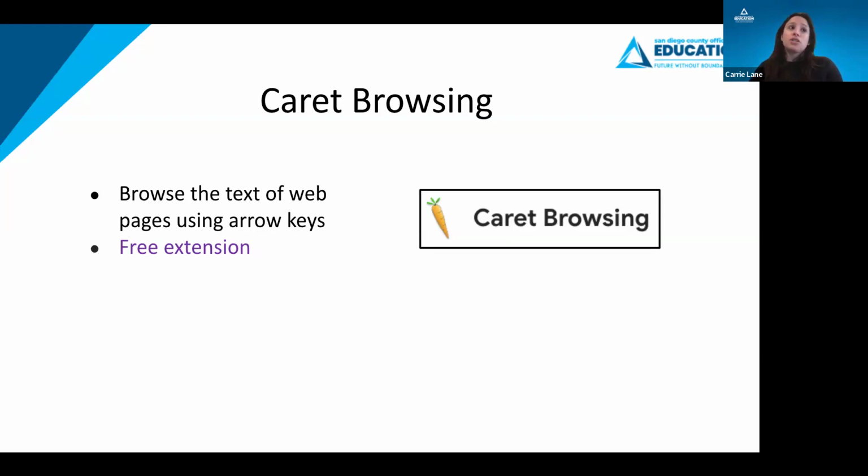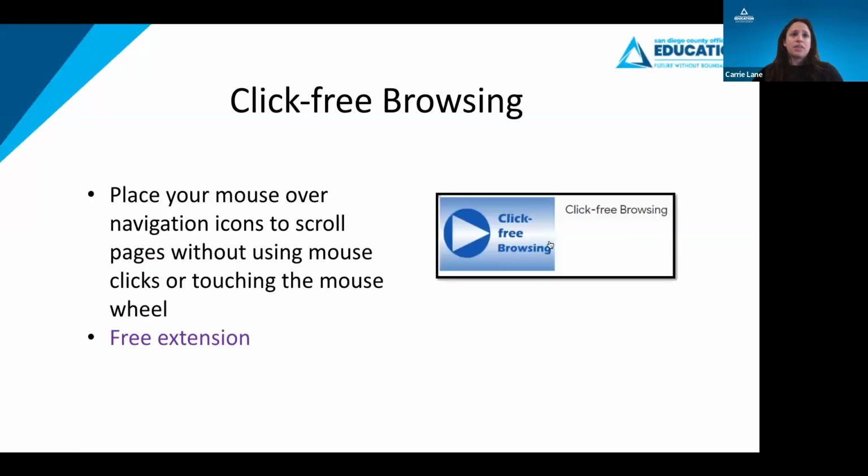And so what you can do is you can use this extension to turn on caret browsing. And I will demo it, even though you won't really be able to tell what I'm doing. But it'll allow me to navigate through whole pages of content just using my keyboard rather than my mouse. So that includes clicking into links, moving up and down. The same thing with this one, click-free browsing, except that this one does use your mouse, but it doesn't require clicking.